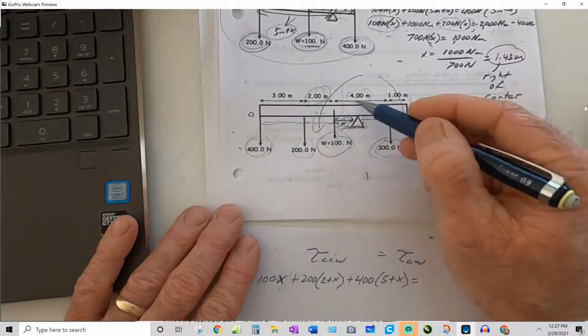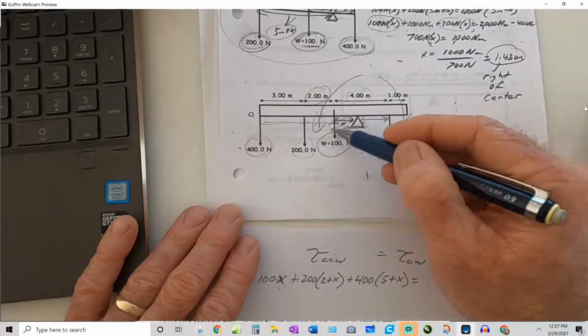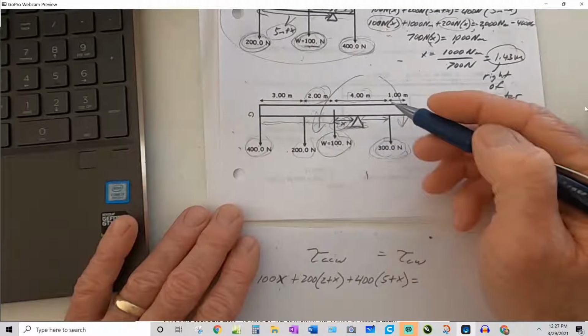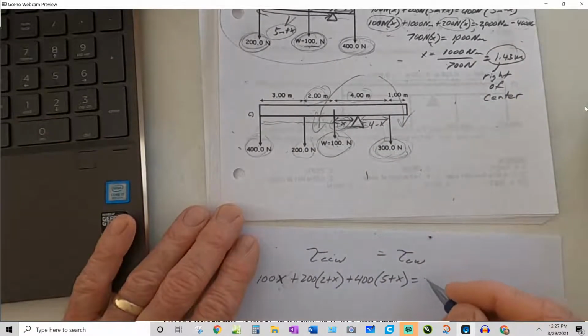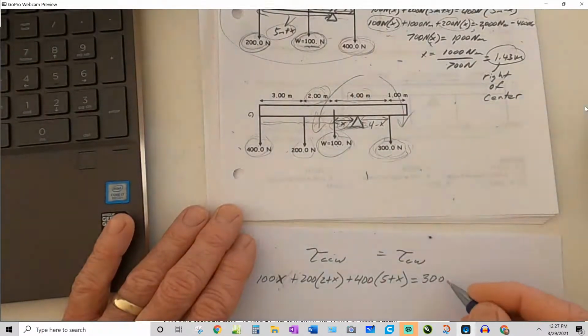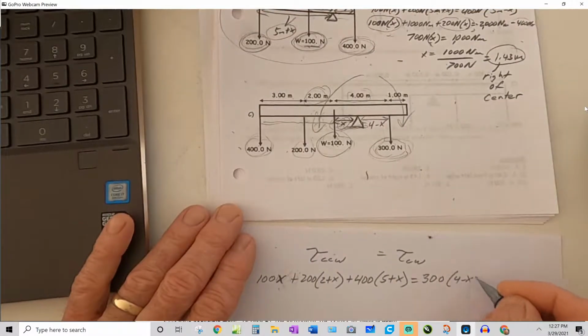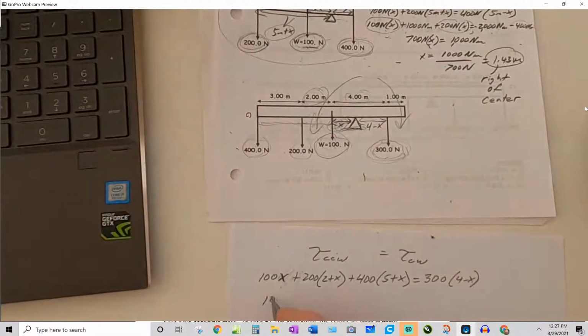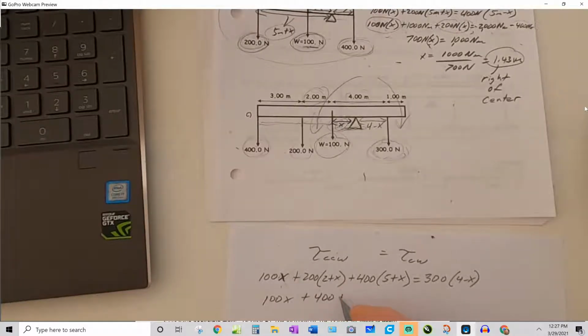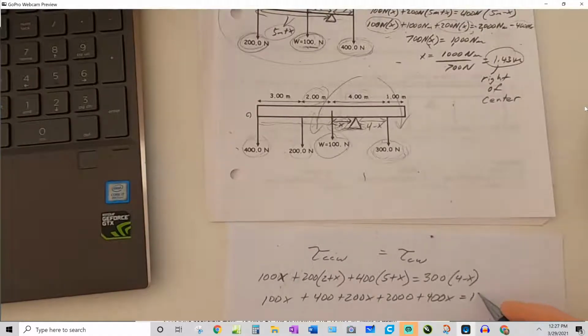So if this is 4 meters and this is x, this would be 4 minus x. So I have 300 times 4 minus x. So I get 100x plus 400 plus 200x plus 2000 plus 400x equals 1200 minus 300x.